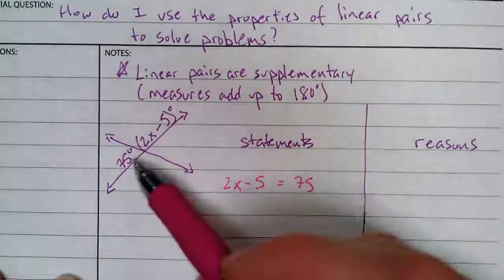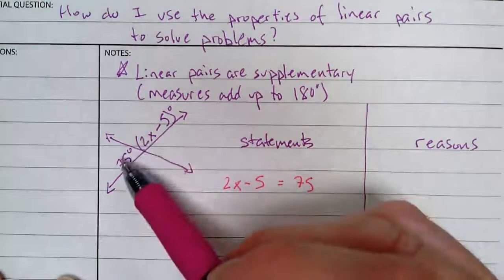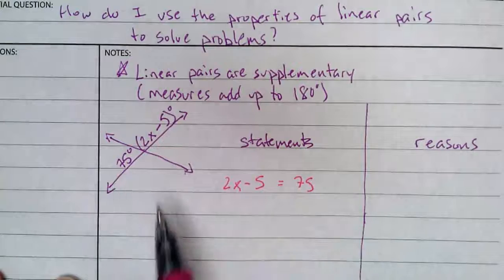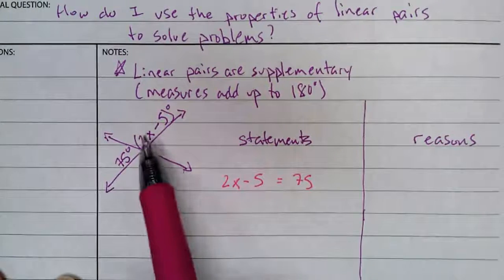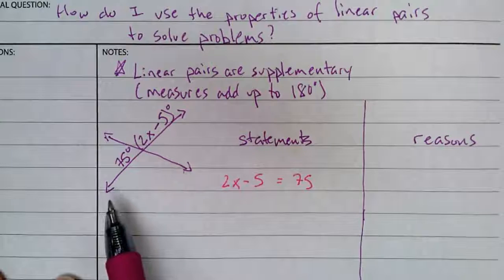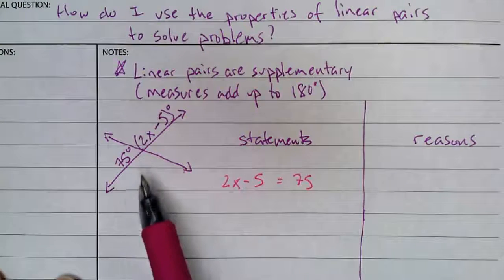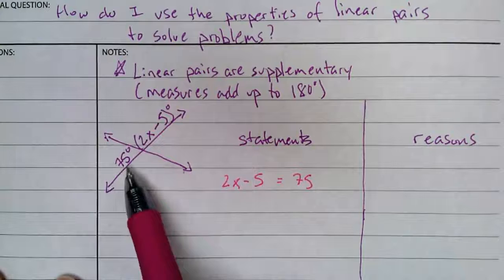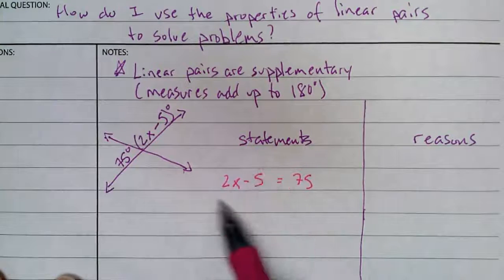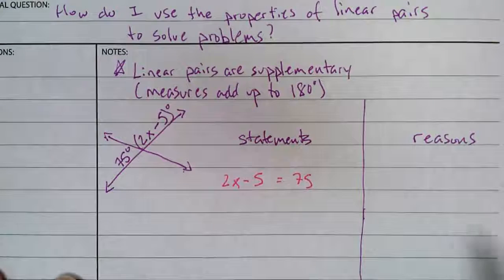Now we're skipping, first of all, if we had names for these angles, we would say, well, this angle and this angle are a linear pair, and our reason is that it's given in the diagram, and then we might say, well, they must be supplementary, because linear pairs are supplementary, and then we'd say that their measures are equal, and our reason for that would be that's the definition of supplementary, and then finally we would substitute 2x minus 5 and 75 for our values.